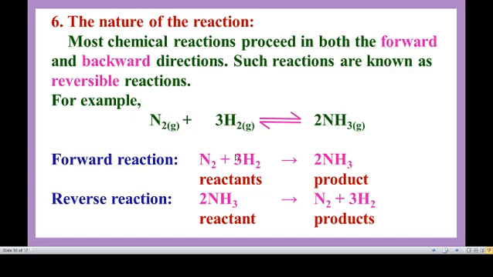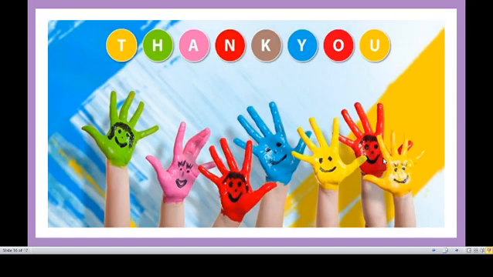Reversible reactions are indicated with the help of a half-headed arrow mark in both directions. For the forward direction one arrow mark and for the backward direction another arrow mark will be used. Okay. So the nature of the reactions will also be indicated with the help of this equation. Thank you, children.